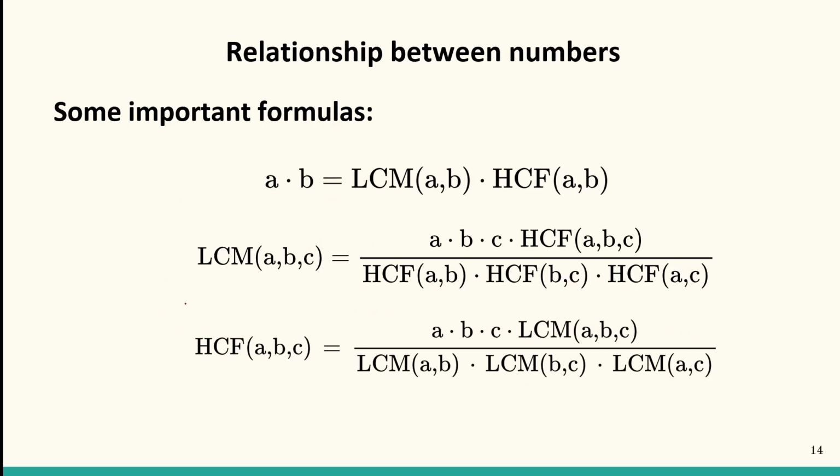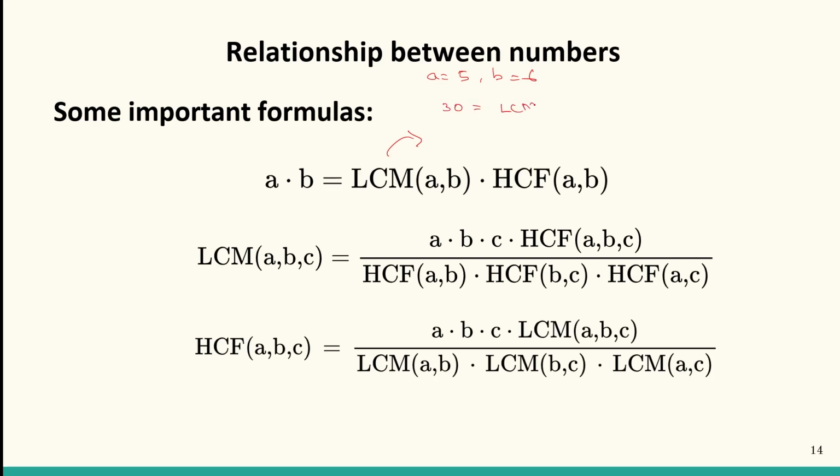So there are some important formulas. If A into B, then this is actually equal to LCM of A, B into HCF of A, B. We can take an example to learn this in a better way. So let's say A is equal to 5, B is equal to 6. So 5 into 6 is equal to 30, you know, right?